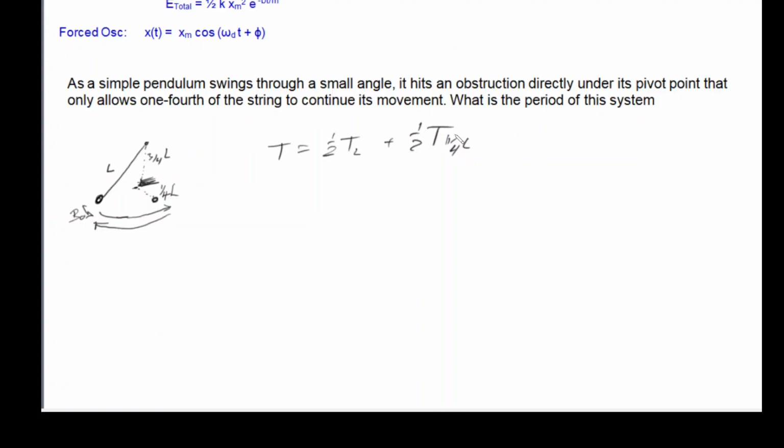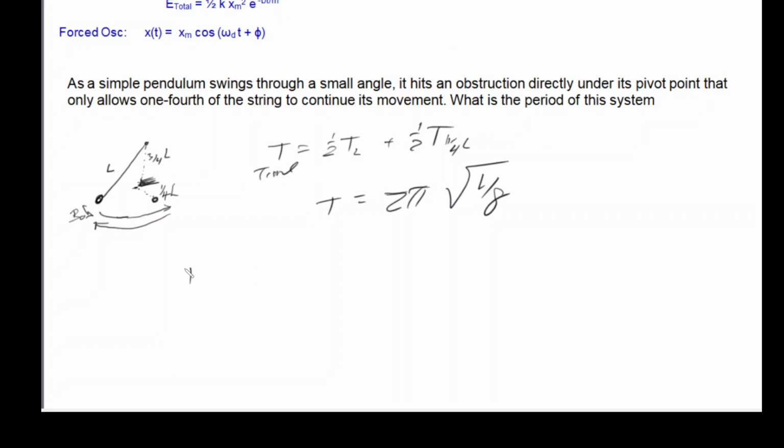And we know that for a pendulum, T is equal to 2 pi times the square root of L over G. So we want to find this time here.